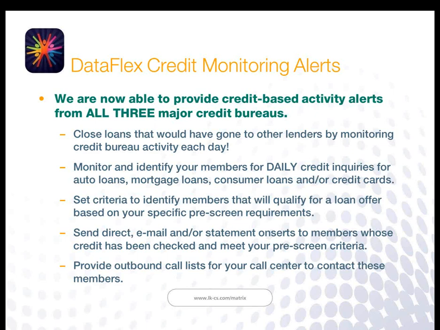So we can monitor and identify your account holders that had an inquiry on their credit reports yesterday for an auto loan, a home loan, a consumer loan, or a credit card.